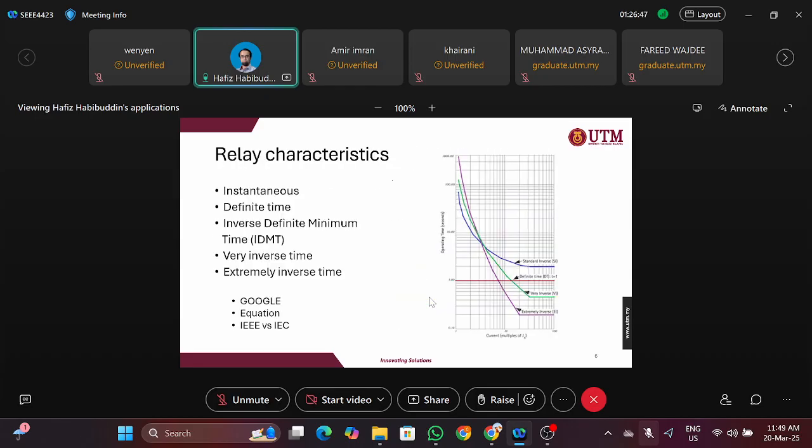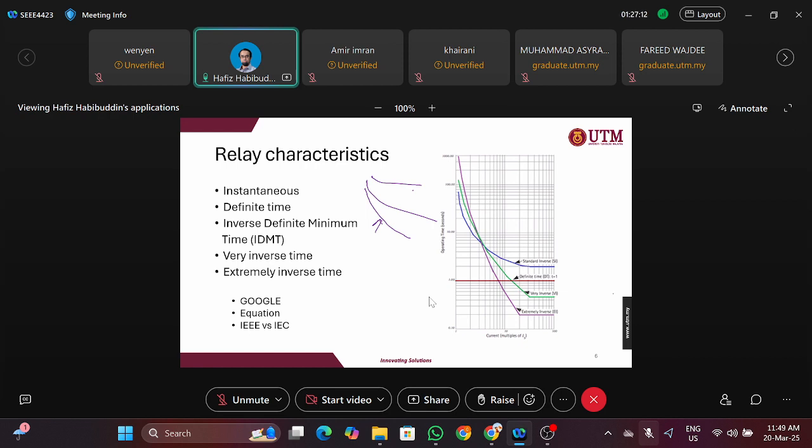This curve is basically defined by standards. You cannot simply draw an inverse curve here, maybe another curve with a lower slope, maybe this is less steep. You cannot simply do that because this slope has been defined by standard.